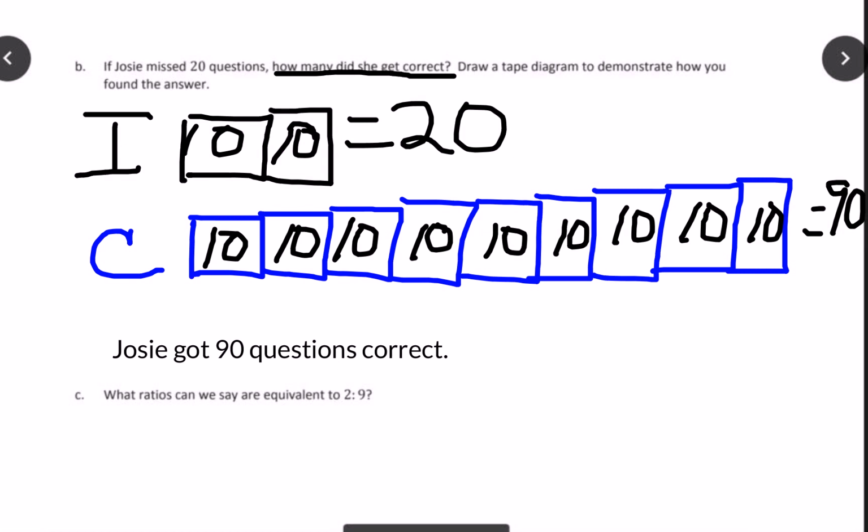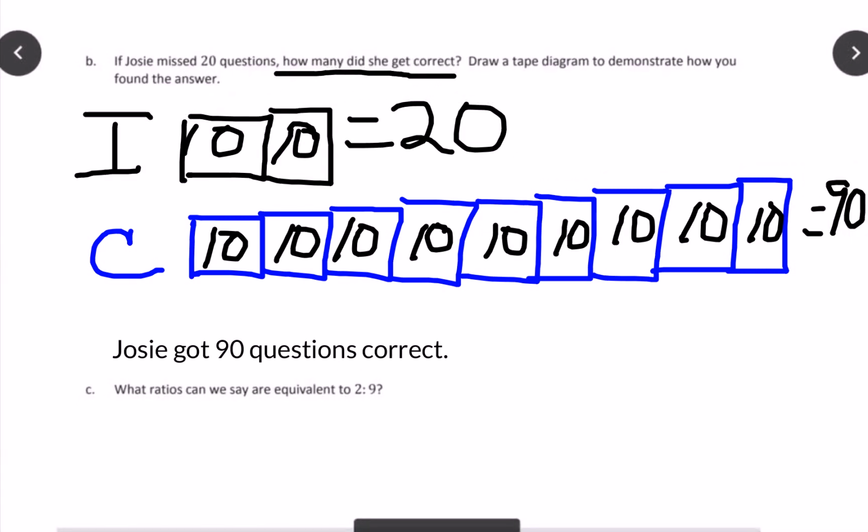C says, what ratios can we say are equivalent to 2 to 9? Well, we start with our ratio 2 to 9.